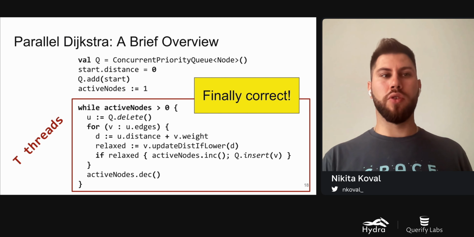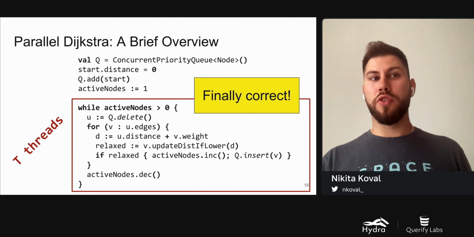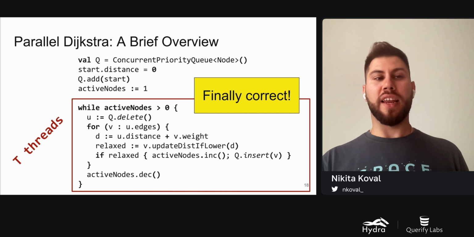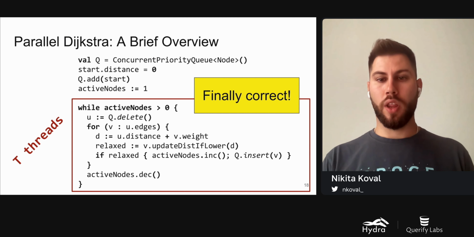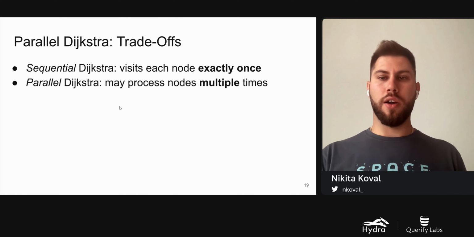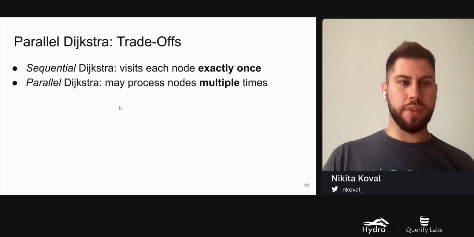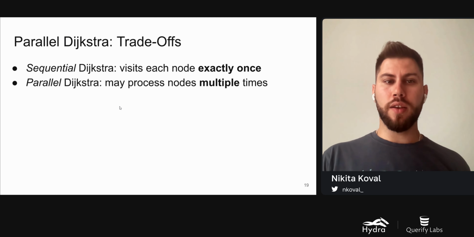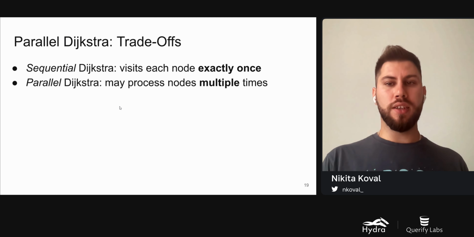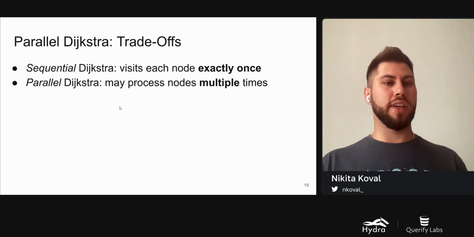Moreover, if you do the practical tasks I prepared for you, you will find the parallel Dijkstra algorithm there. And if we compare the parallel version of Dijkstra with the sequential algorithm, then in the sequential algorithm, it's guaranteed that we visit each node exactly once.